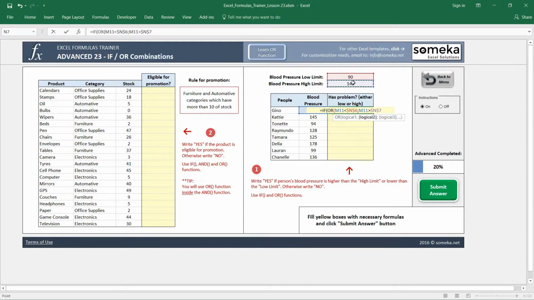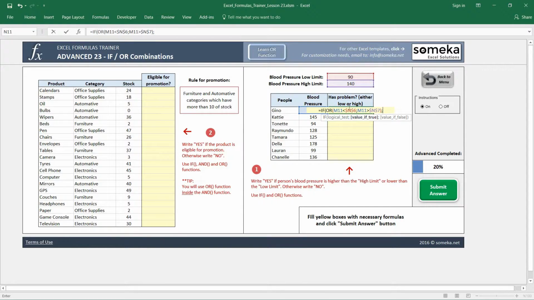I fix these limits, by the way, because I don't want these to be changed. Now this is checking if Gino's blood pressure is lower than the low limit or higher than the high limit. In both cases, this is going to be a problem. But if it is in the limit, then it's going to be all right.